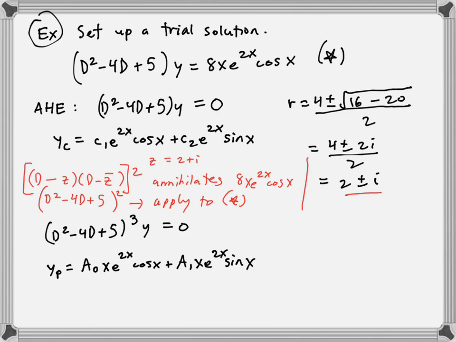That takes care of one, but the thing is, I have a cube, so I need another one: plus A2 x squared e to the 2x cosine x plus A3 x squared e to the 2x sine x.